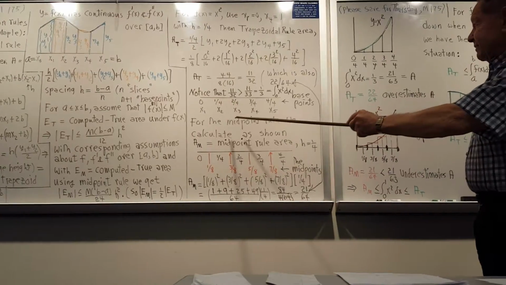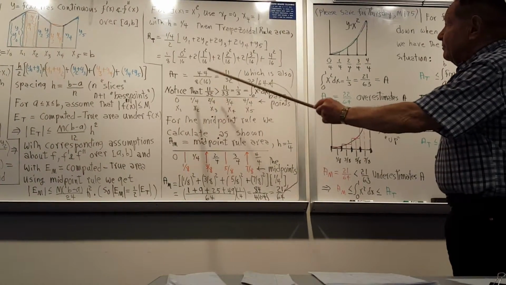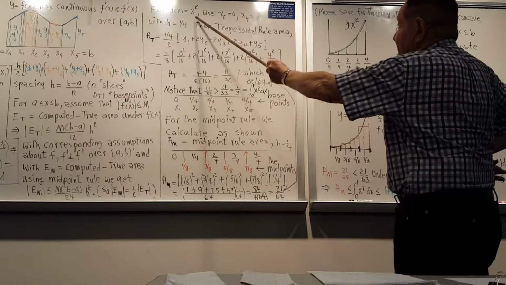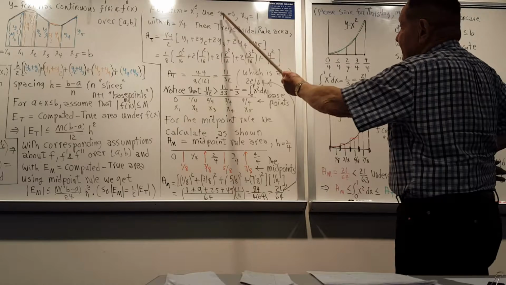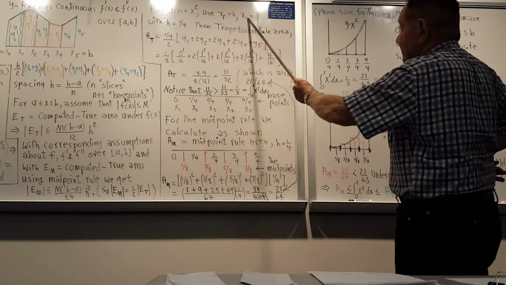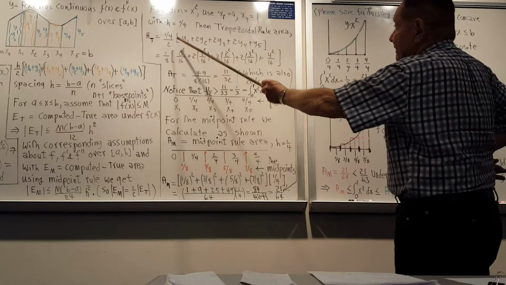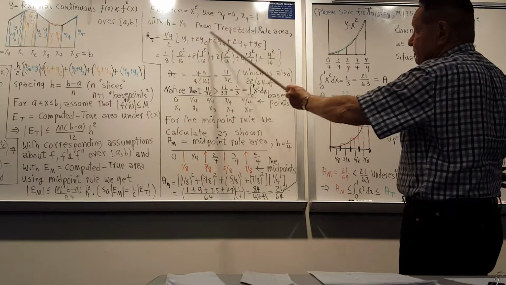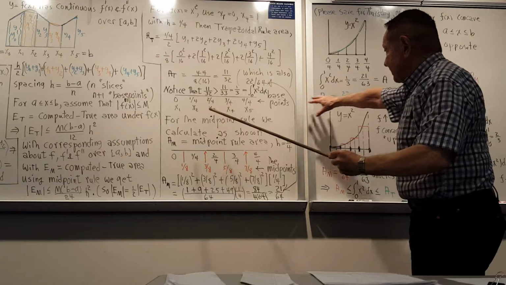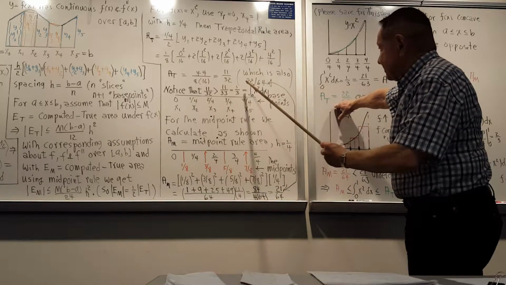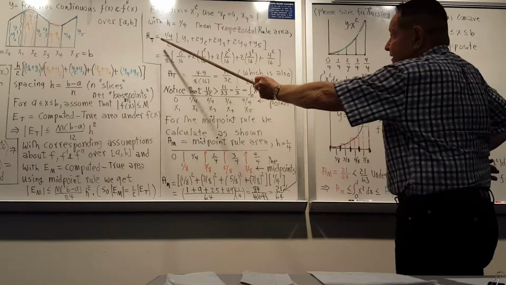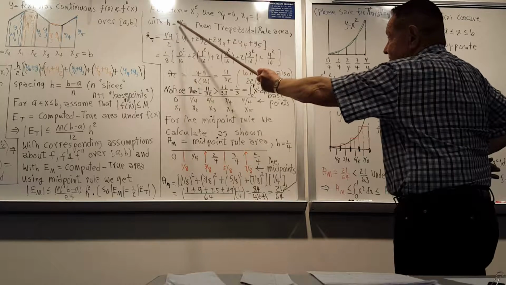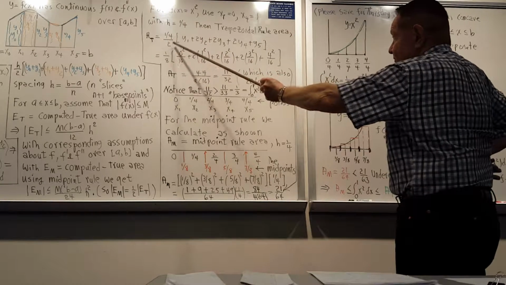But notice here that for x squared, if you used x1 as 0 and x4 as 1, and your spacing is 1/4, your trapezoidal rule area, which is how you get the numbers I've been talking about, is your spacing, your h, over 2.